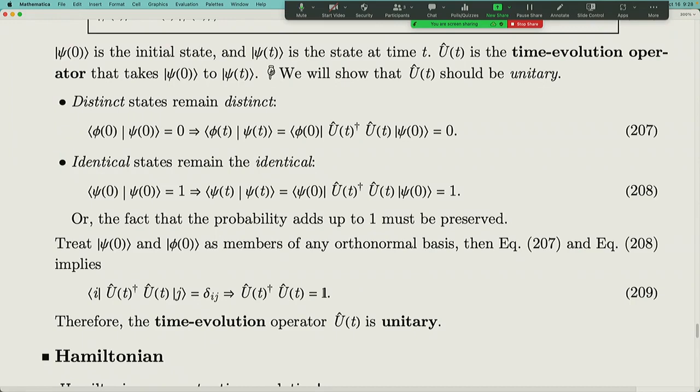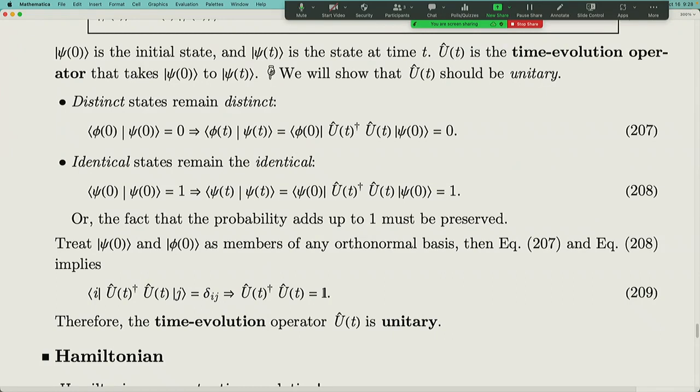Now with this unitary, because these two conditions hold, after the unitary evolution the states still remain orthonormal. So that means this expression must hold. But what is this expression? If you take a look at this U dagger U and treat it as an operator, and treat it as a matrix, this i and j scalar product basically extracts the matrix element of the matrix U dagger U. Its matrix element in the ith row and jth column is delta ij.